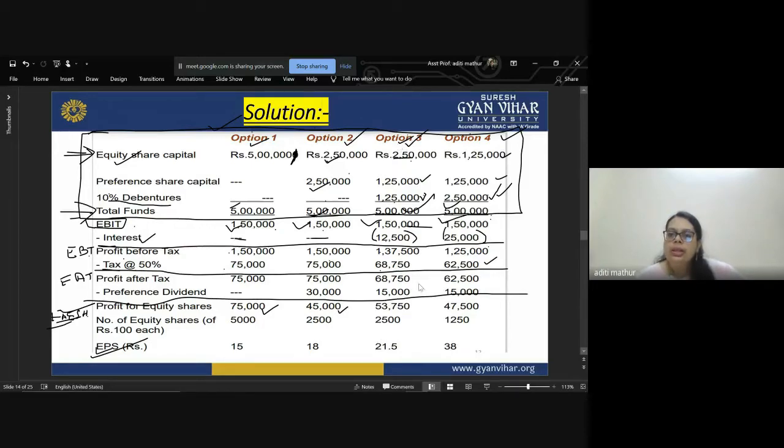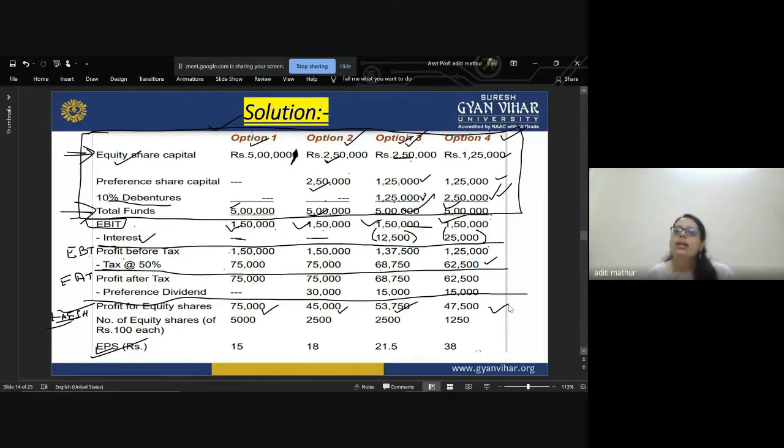In option 3, you have 53,750. In option 4, you have 47,500. Students, just look at this part and decide which option you will select when you have these following earnings available for equity shareholders.